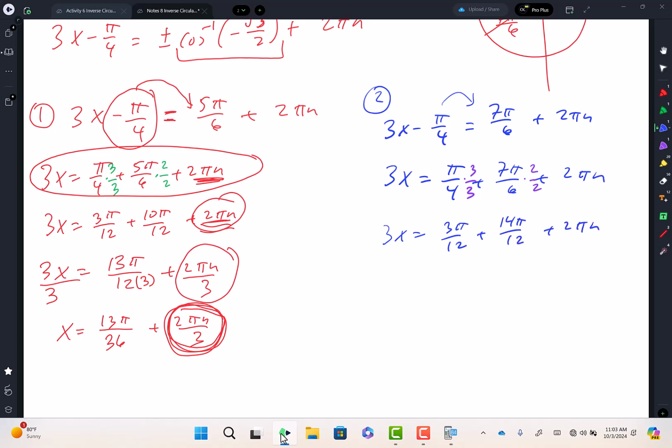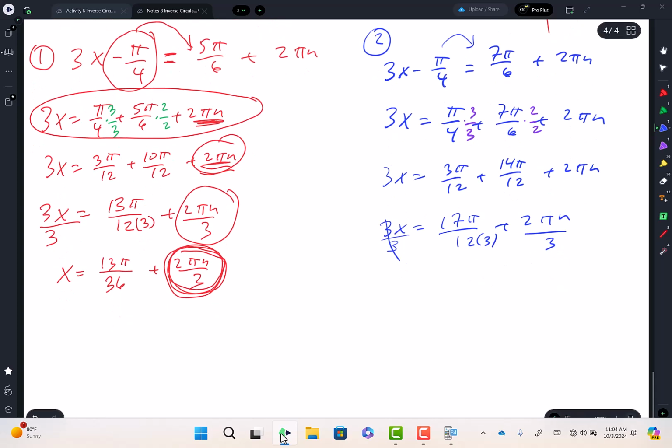What's 14 plus 3? 17 pi over 12 plus 2 pi n. And then last move, what do I got to do? Yeah, so you're dividing everything by 3. And there it is, guys.